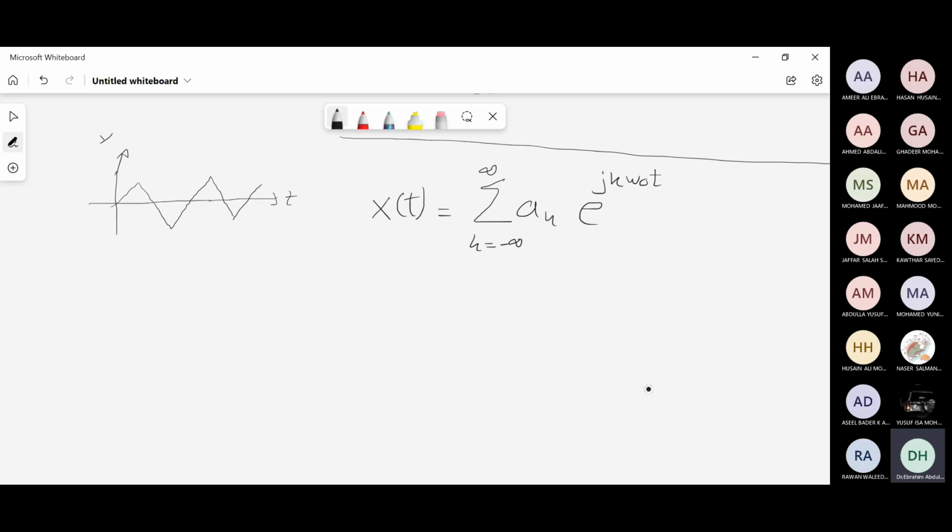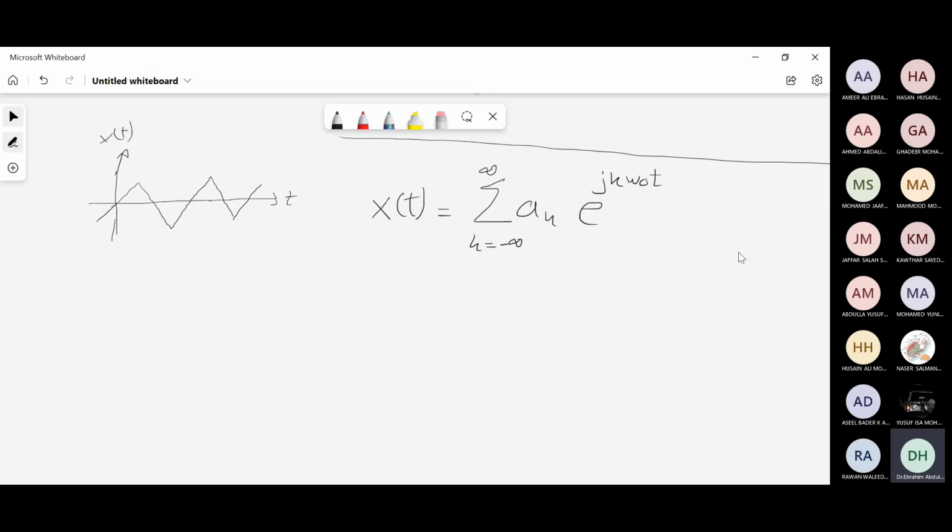This is my x of t, and I want to express it in Fourier series. If we use form number 1, we need two important things: we need a_k and we need omega naught.